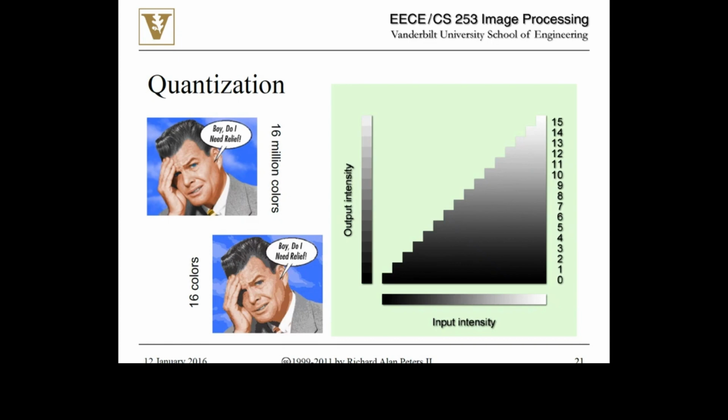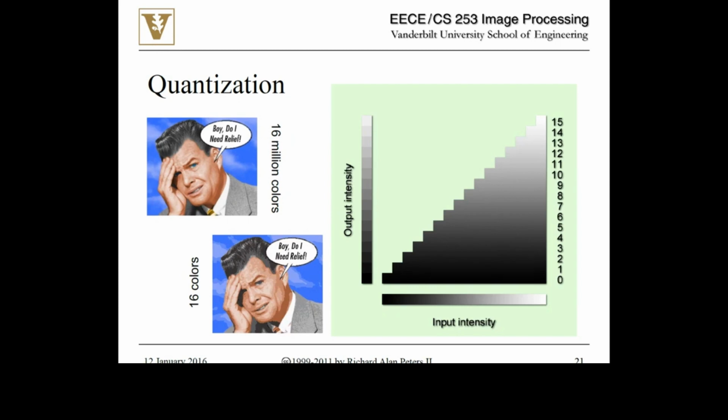So I discretize this continuum into a set of discrete levels. All these values here will be represented by a single point, and then all these values by a single point, and these values by a single point. And this is the transfer function between the input intensity and the output intensity.